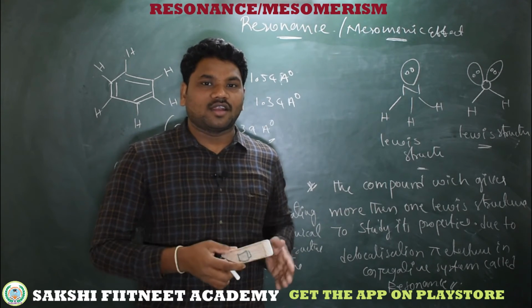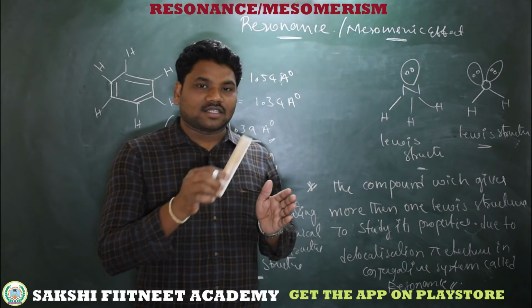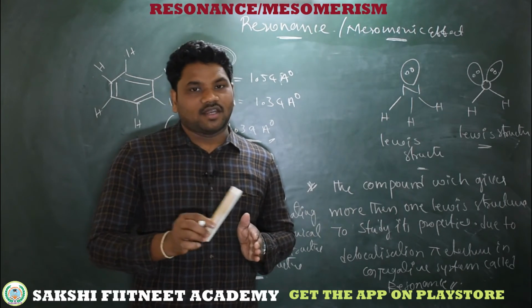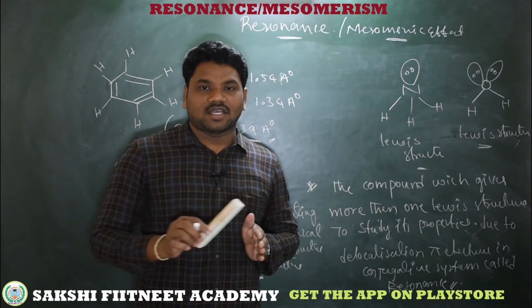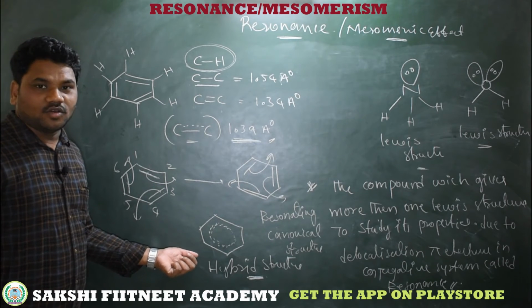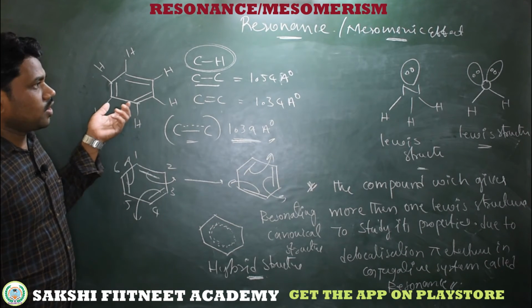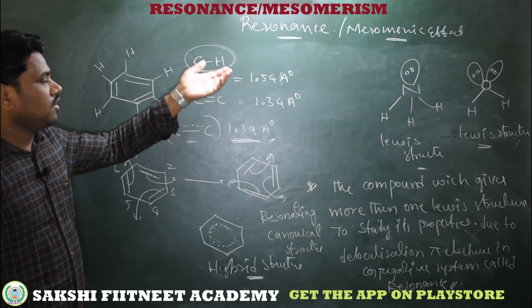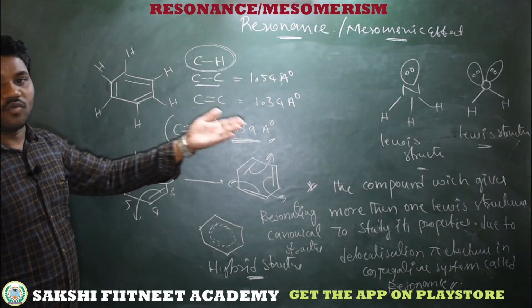So these are called resonating structures, and the structure which is equivalent to all the structures is called a hybrid structure, which we can consider as a stabilized structure like this. So this is called resonance. I am taking some conjugative molecules and trying to write their resonance structures. If we do some exercise, it becomes very easy.